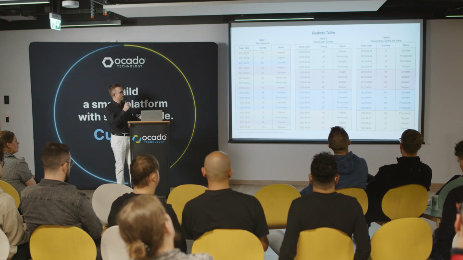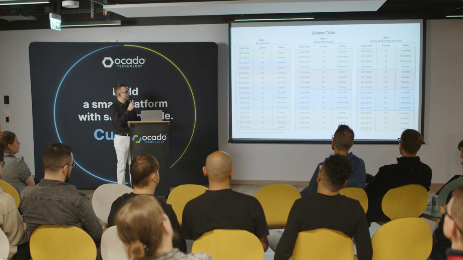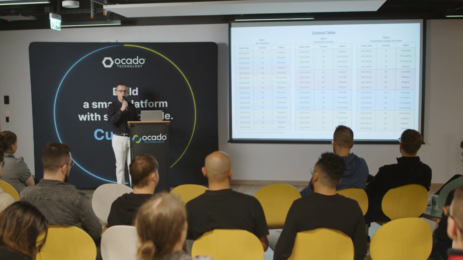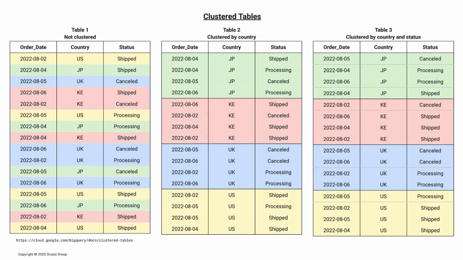But what if I have a lot of queries that use for restrictions not only country, but also status, or a lot of aggregations? I aggregate the data on country and status. I can further optimize my clustering by providing secondary clustering on status, and BigQuery will create a kind of subclusters.